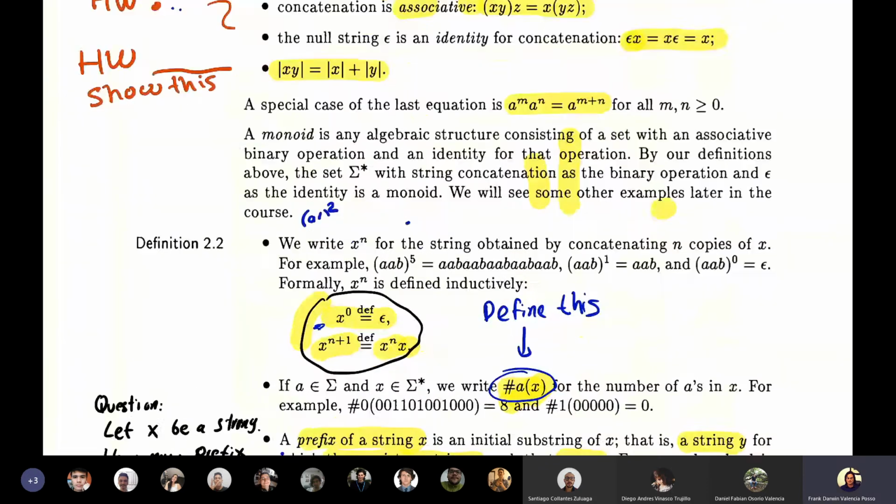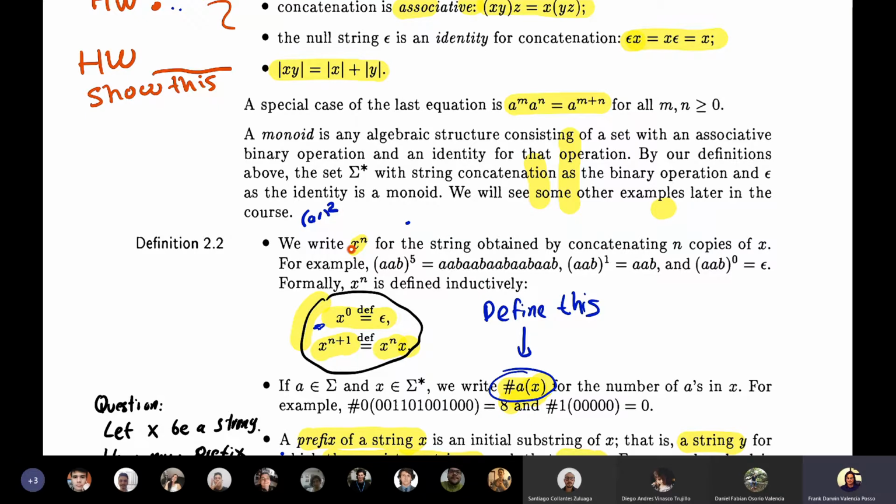So this is a good exercise here. We're going to write X to the n. Notice that this X is a string now. Sorry, I forgot to say, normally A, B, C, D are going to be symbols, and X, Y, Z, W are normally strings.